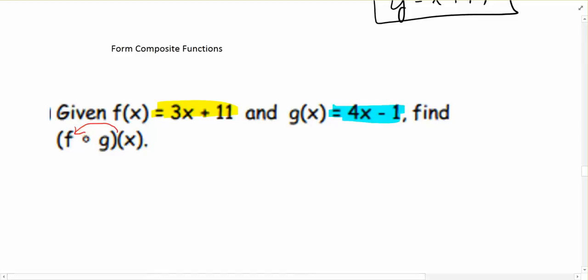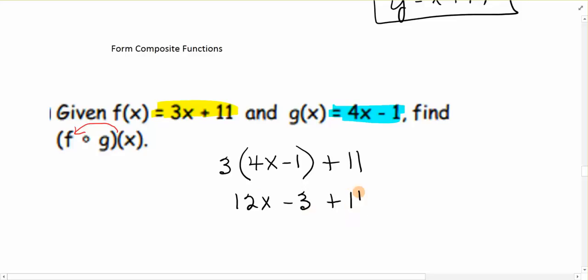So we're going to say 3, and instead of x, I'm going to write this whole thing, 4x minus 1, plus 11. And then we distribute, and we get 12x minus 3 plus 11, which is 12x plus 8.